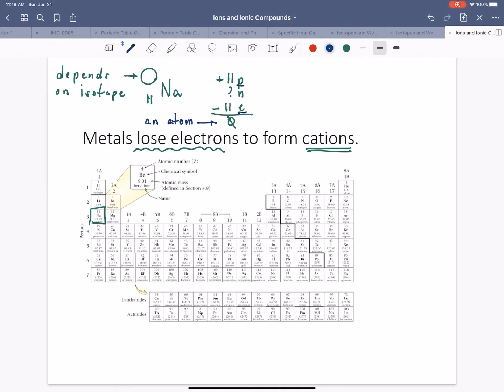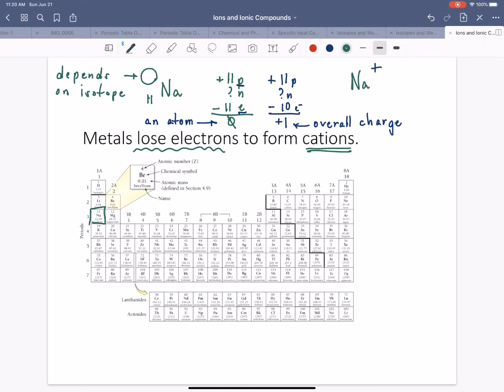But if sodium were to lose one electron, it would still have 11 protons and some neutrons, depends on the isotope. But if it lost an electron, it would only have a negative 10 charge. And then when we add the pieces together, 11 minus 10, we end up with an overall charge, and that would be reflected here.